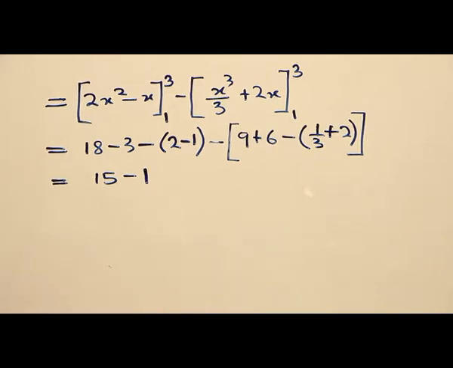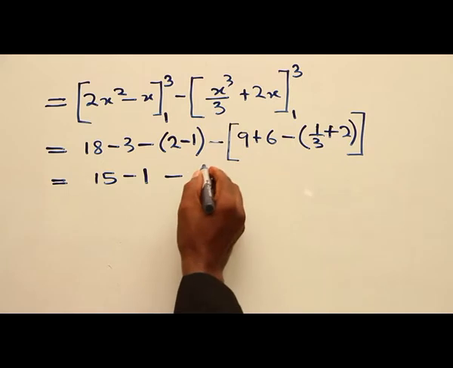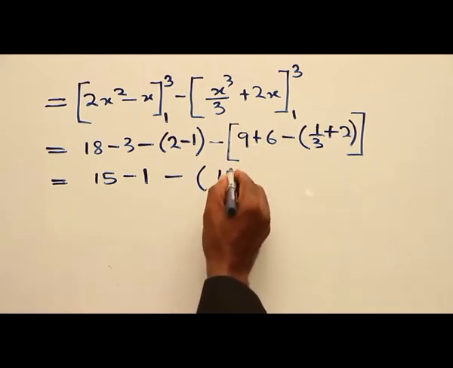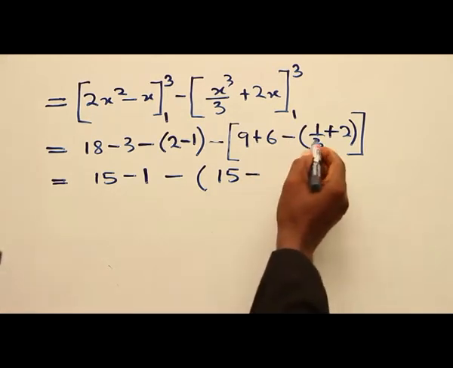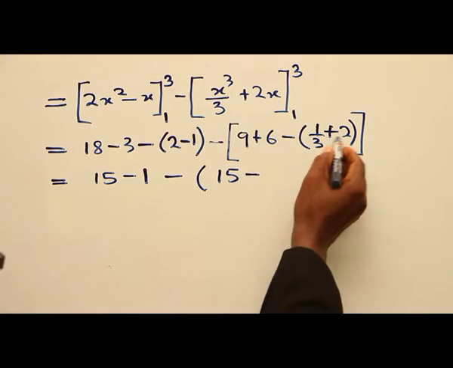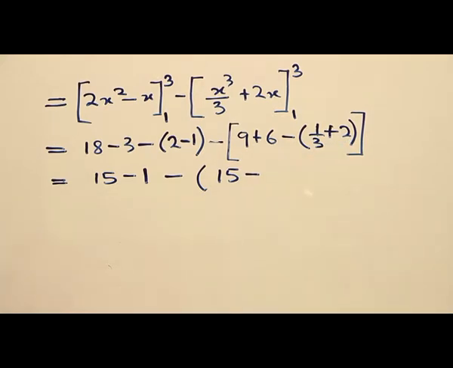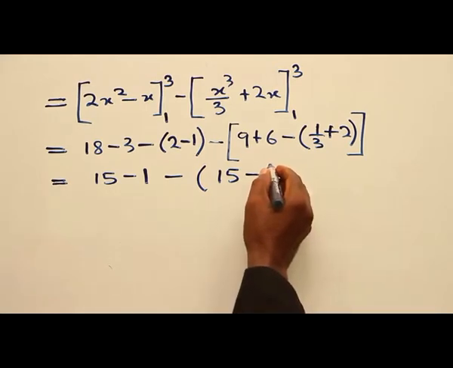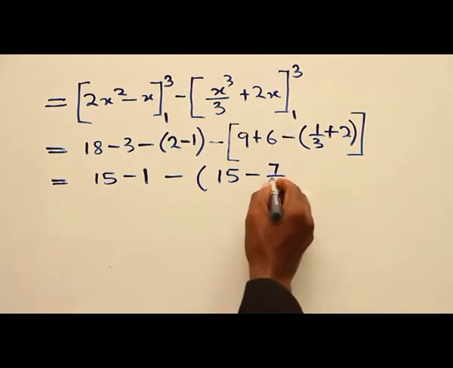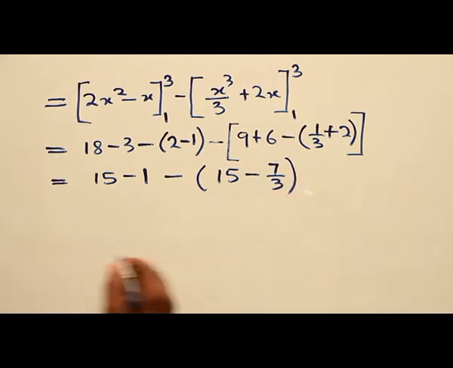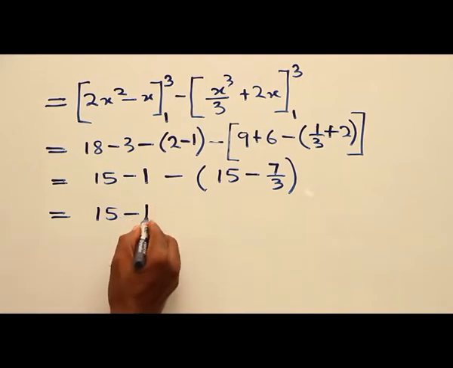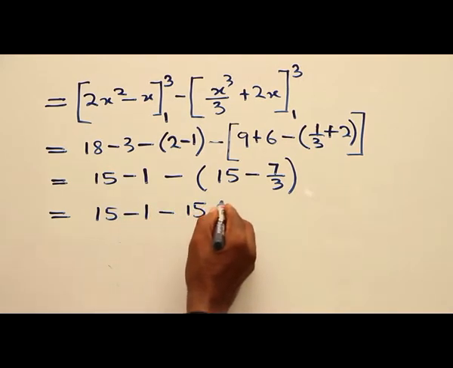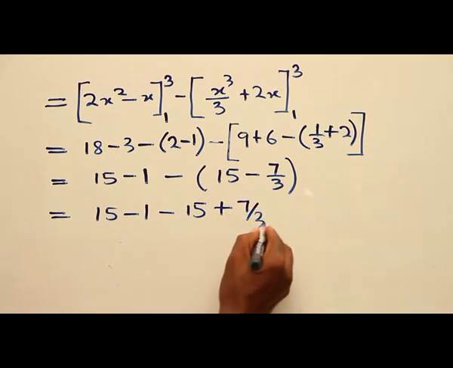1. Then we have here minus, open the bracket, this is 15, and then we have minus 1 over 3 plus 2, which gives you 7 over 3. So we can have it as 7 all over 3. Close this. That eventually will give you 15 minus 1 minus 15, and then we have plus 7 all over 3.